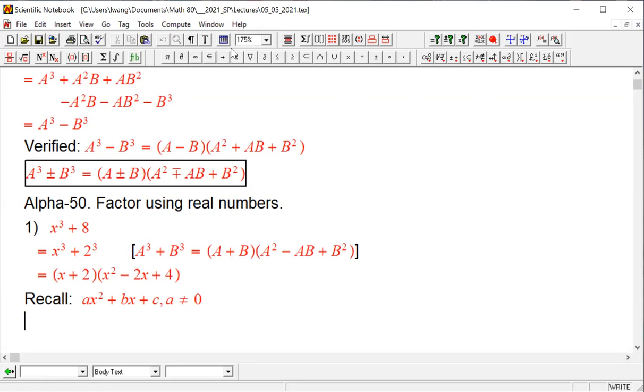There are three cases. If the discriminant B squared minus 4AC is positive, we can factor into 2 real factors. In this case, that can be factored into 2 real factors, x minus x sub 1, x minus x sub 2. Remember what we did yesterday?